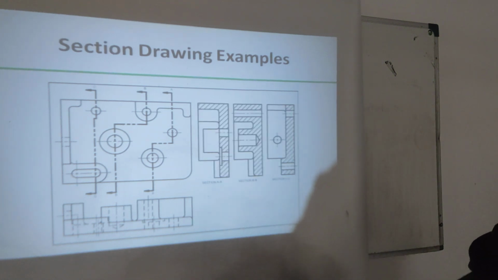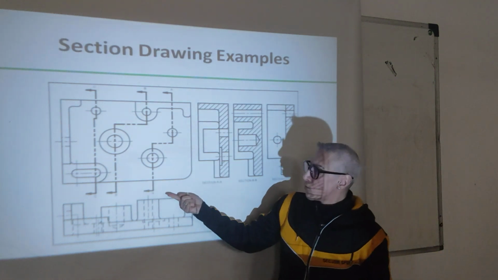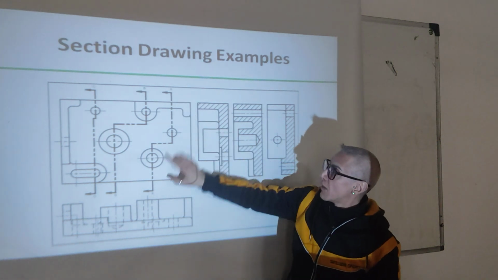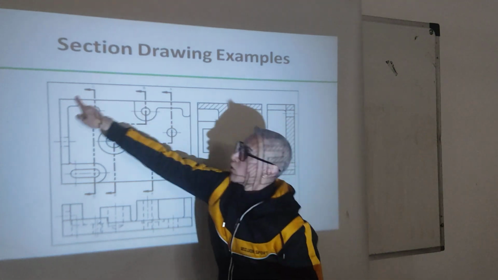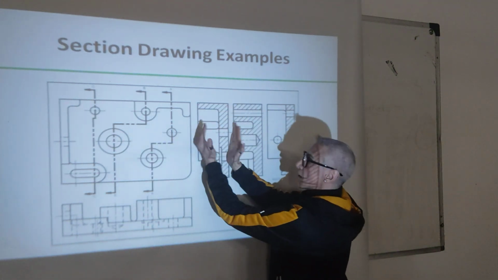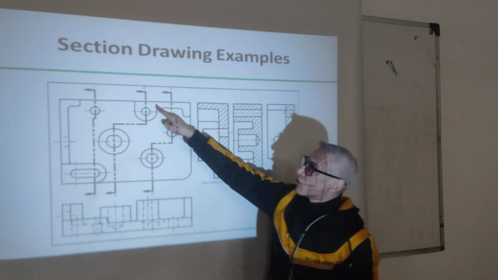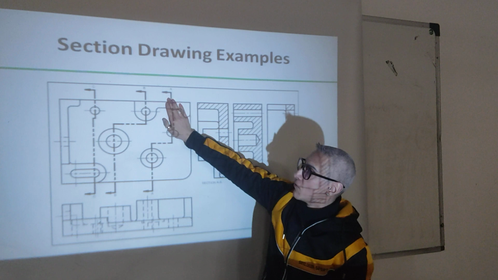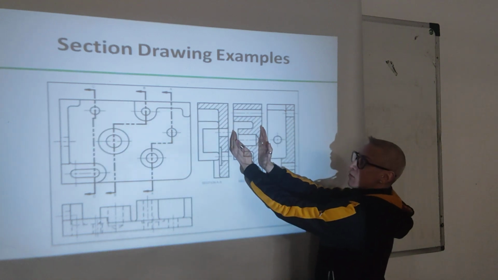Let us see how they will look. So, this line with these arrows shows what? For AA, that this part is deleted. So, all of this object is drawn, rotated here, section AA. Then, section BB. All of this part is deleted, and all of this part shown, rotated here as BB.